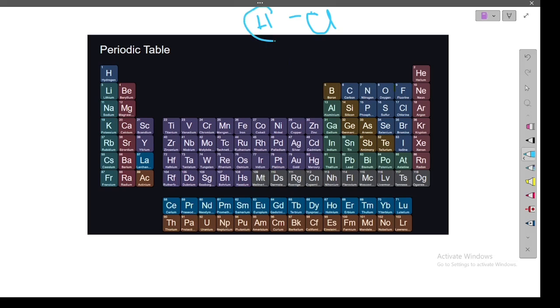So hydrogen is the first element of the periodic table, and chlorine is present in the 17th group here. As we know, the electronegativity is increasing across the period, so we can say that fluorine is more electronegative than hydrogen. That's why it's pulling all the electrons towards itself. So this is electronegativity.